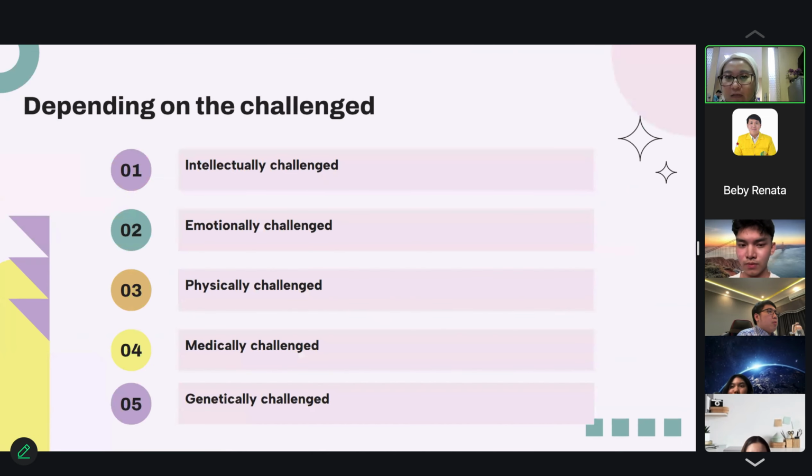We acknowledge several types of special patients depending on the challenge. We divide them into 5: intellectually challenged, emotionally, physically, medically, and genetically.